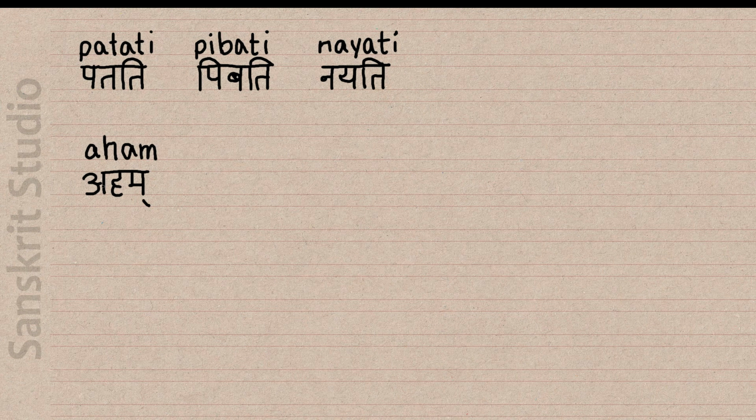So there are many things we can talk about here. One thing is this termination of the ending, because it's not ahama, but it's aham, and because there is no ending a we put this diagonal kind of stroke, which is called a virama.